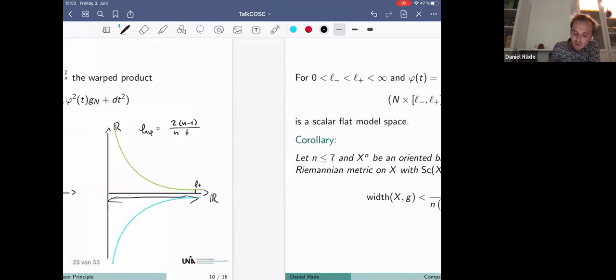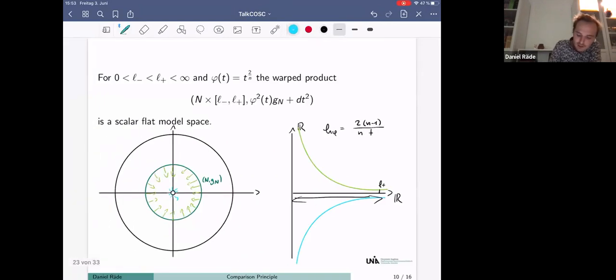Because this warping function that you get in this case looks like the hyperbolic cotangent, and that goes to n minus 1. So you have to undershoot it by assuming that you have bigger or equal than n minus 1. But then this goes to minus infinity, it's negative. You can again undershoot on the left-hand side.